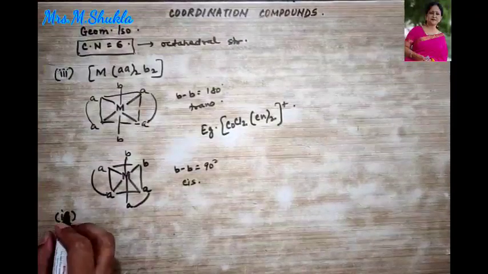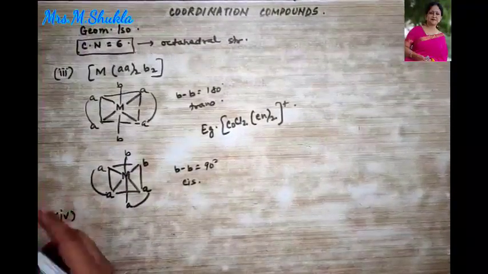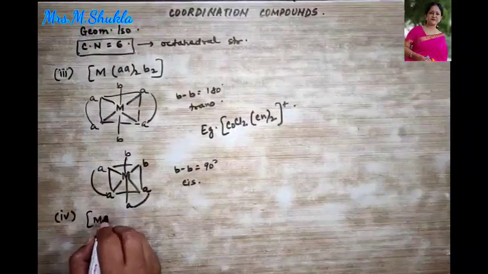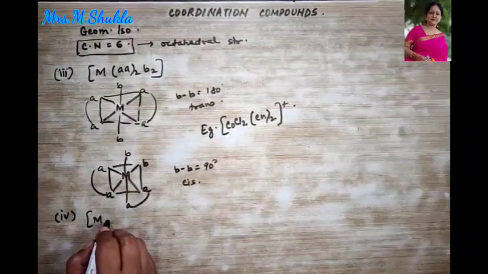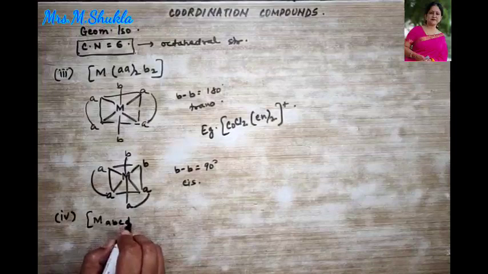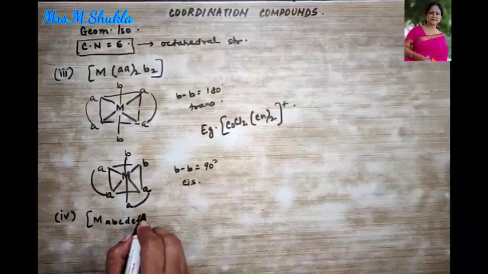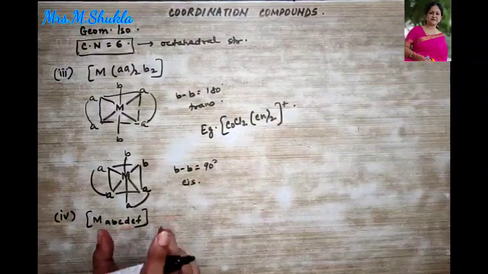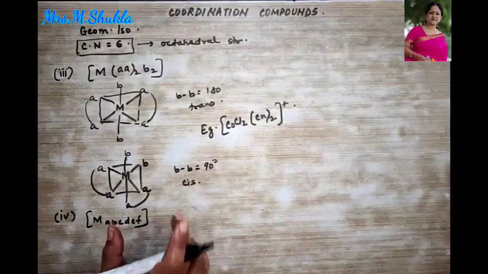The next example, where the complex is having 6 different ligands. Okay. M, this will be A, B, C, D, E, F. Then in this case they will exhibit geometrical isomerism. How many?